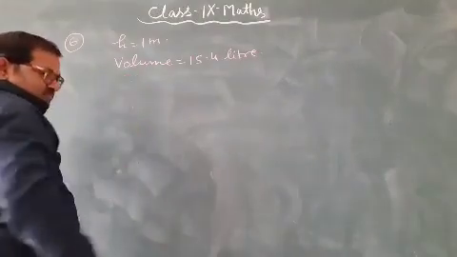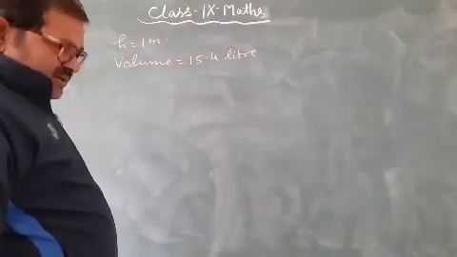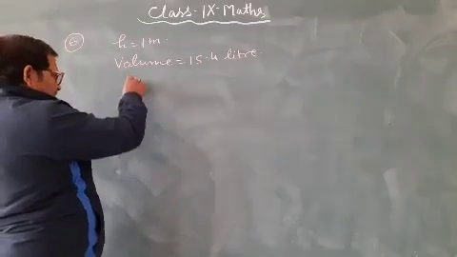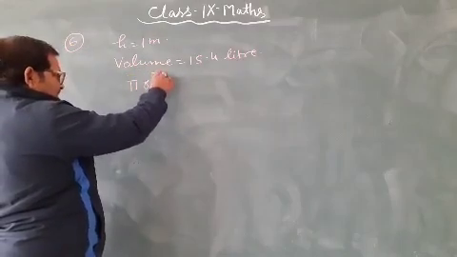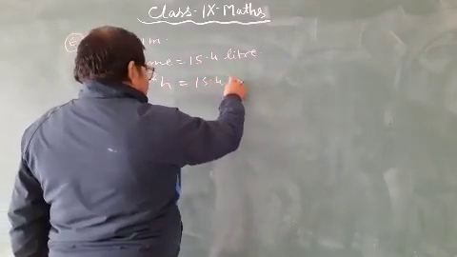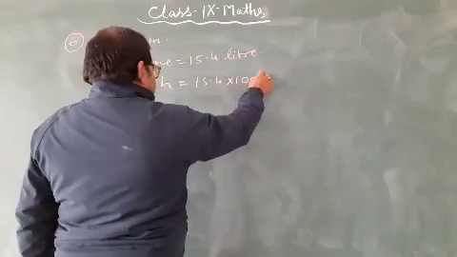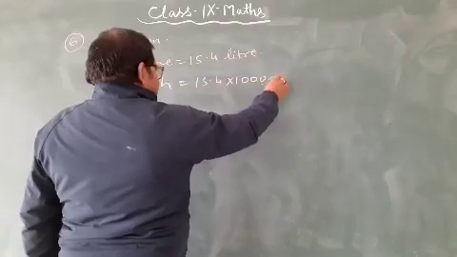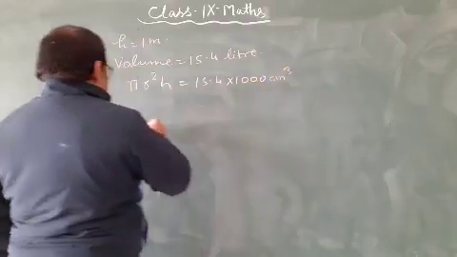Volume of cylindrical vessel is pi r square h, which is 15.4 into 1000 centimeter cube.